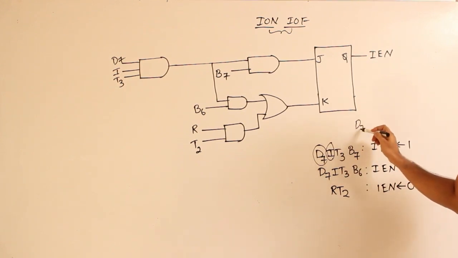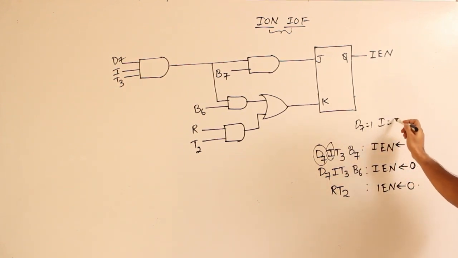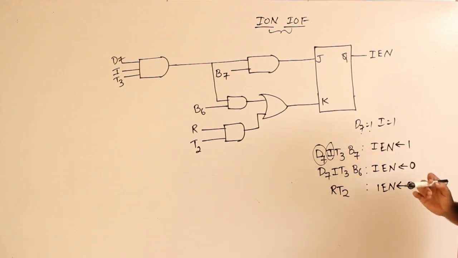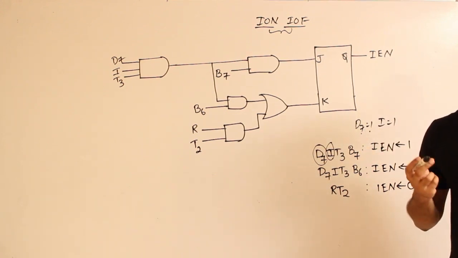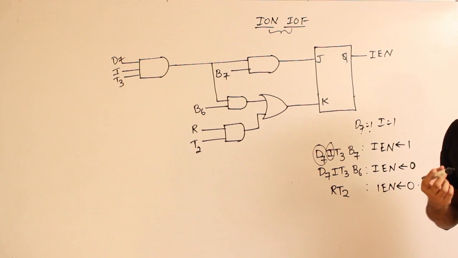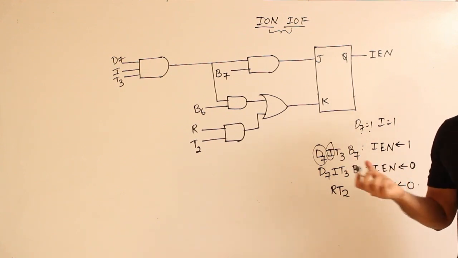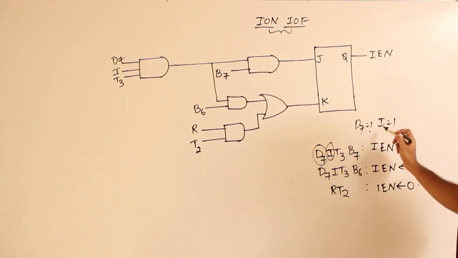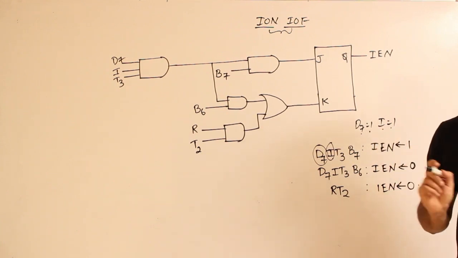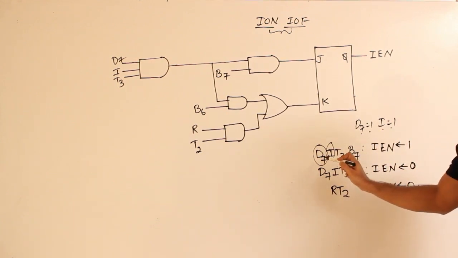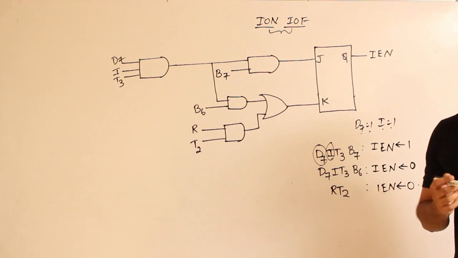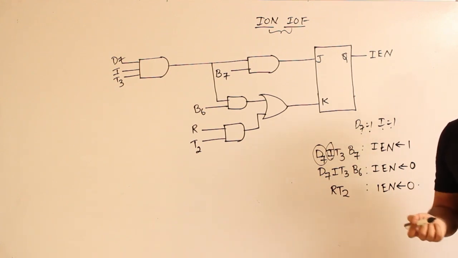Whenever D7 equal to 1 and I equal to 1: D7 equal to 1 means either the instructions are register reference instructions or IO related instructions, and when I equal to 1 it means that it is definitely IO related. So D7 and I are used to identify that it is an IO related instruction.